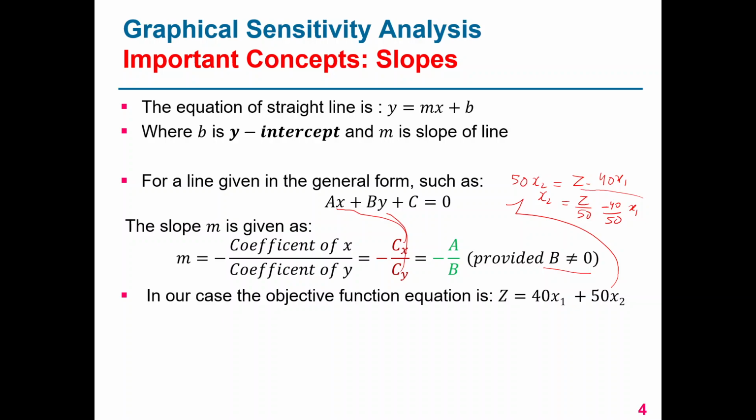Now this equation for x2 is analogous to the general equation of a line, because in our case we have defined x1 on the x-axis and x2 on the y-axis. So the y-axis corresponds to x2 in our case, and x1 corresponds to the x. So this 40 by 50 is basically the slope of the equation.